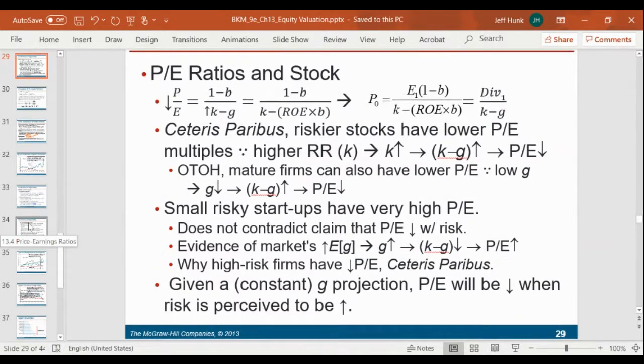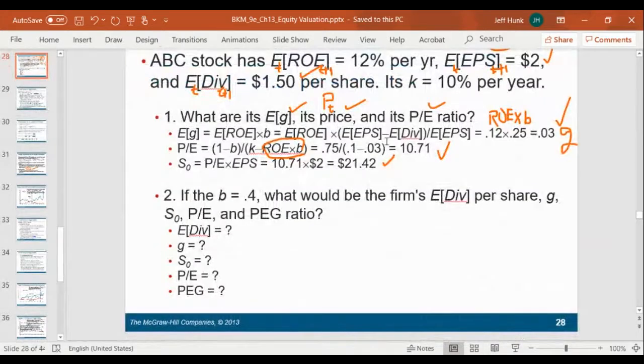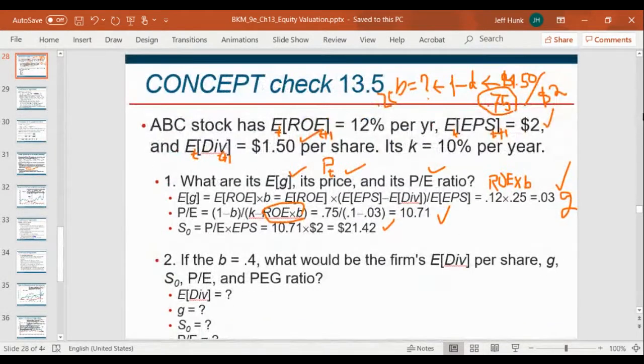In our last video, we already discussed the example of finding ROE, earnings per share, and expected growth rate.